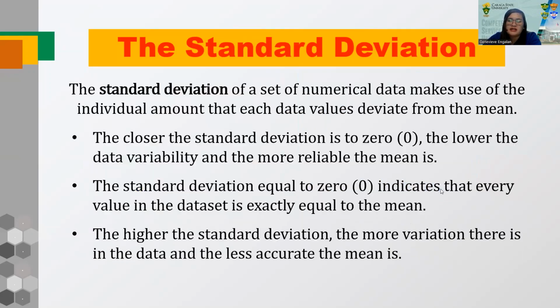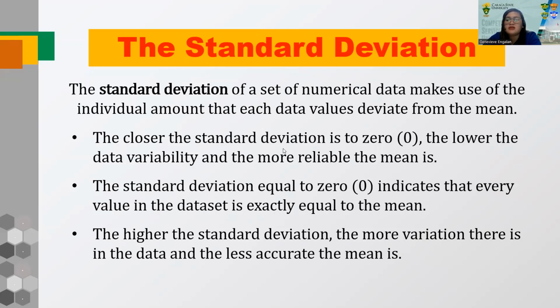So, mosunod na tay standard deviation. So, ang standard deviation makes use of the set of numerical data. So, magamit niya tanan. So, ang individual amount that each data values deviate from the mean. So, iyahang kwaon is the deviations sa mga data values sa mean.